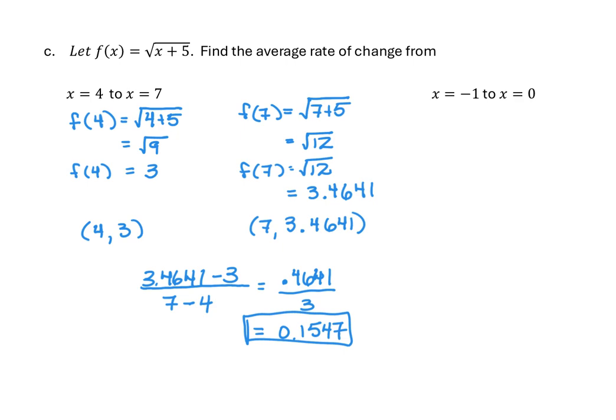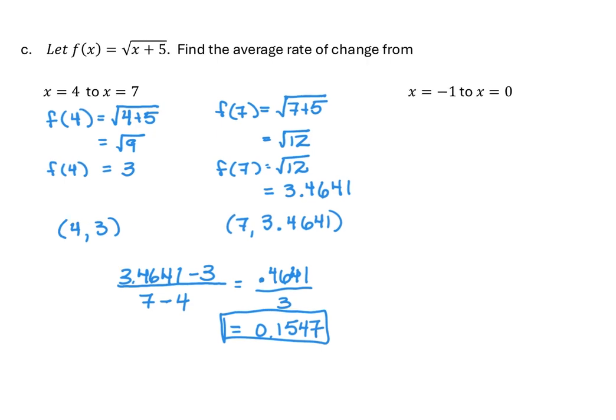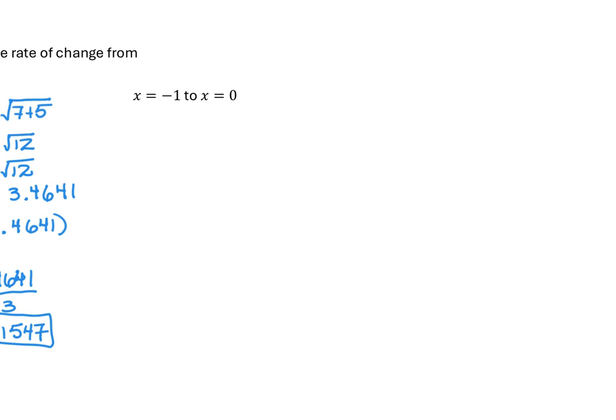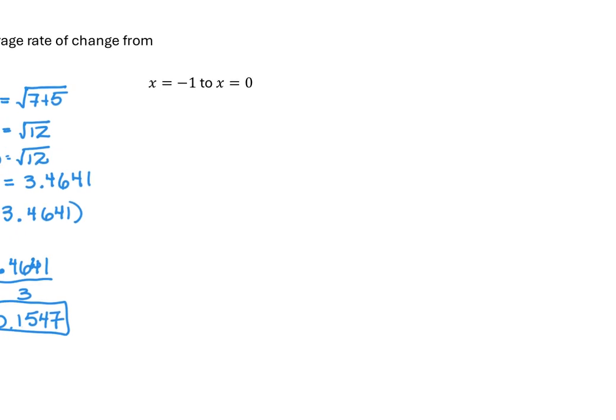All right, let's do one more with our average rate of change. We have x equals -1 and x equals 0. If we plug in -1, we get the square root of -1 plus 5. This simplifies down to the square root of 4, which is equal to 2.